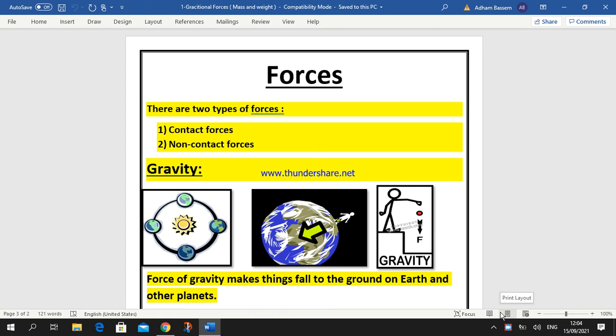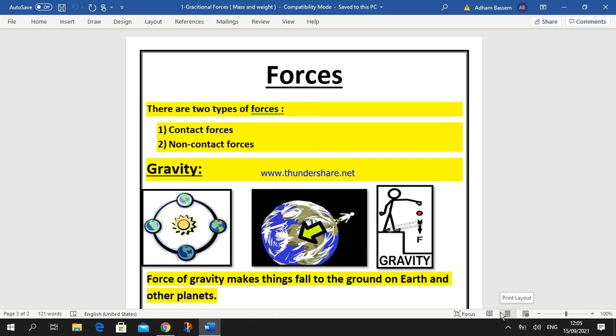Let's start with branch number 1, physics, okay? In this branch we will talk more about forces, okay? So we have in our daily life 2 types of forces: contact force and non-contact force, okay?